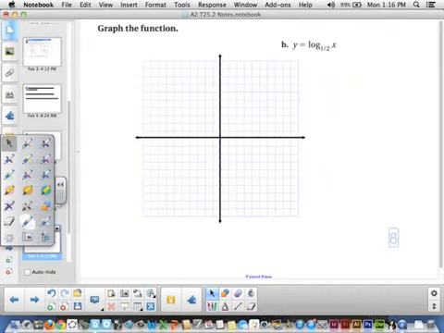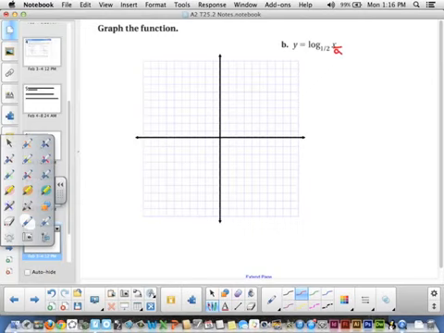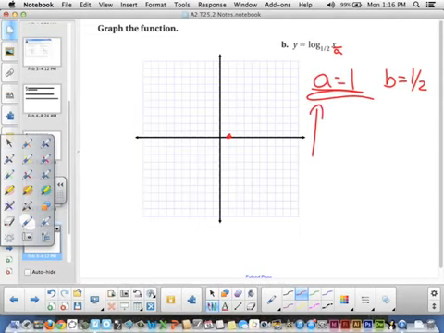And looking at the next problem, same thing. Need to figure out what our a and our b is. There's nothing underneath x, so that means a equals 1. B in this case is 1/2. So we're going to start at 1. And then as we move up, we're going to multiply by our growth rate. 1 times 1/2 is 1/2.